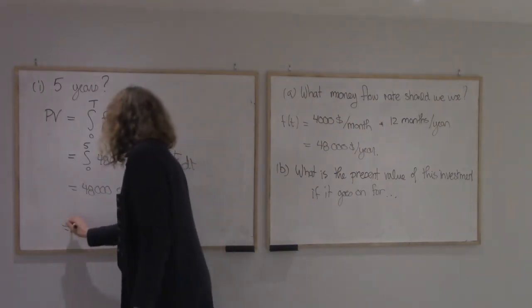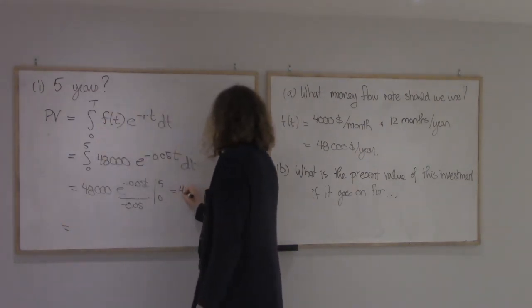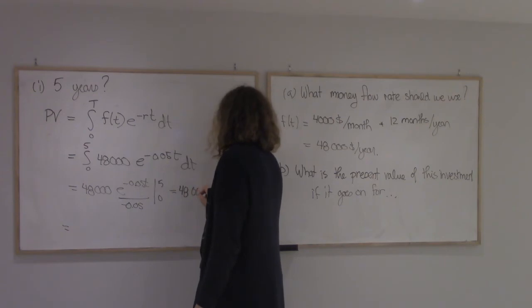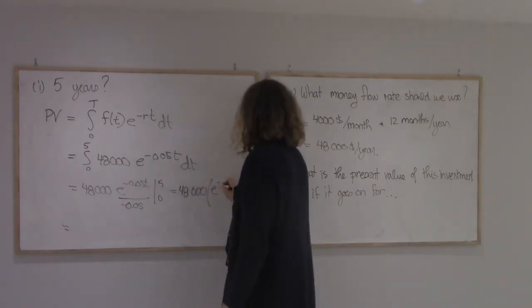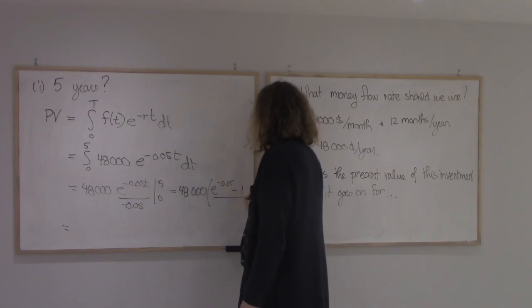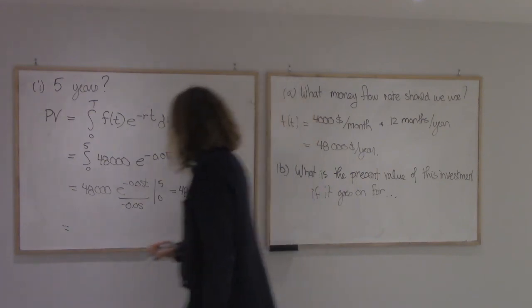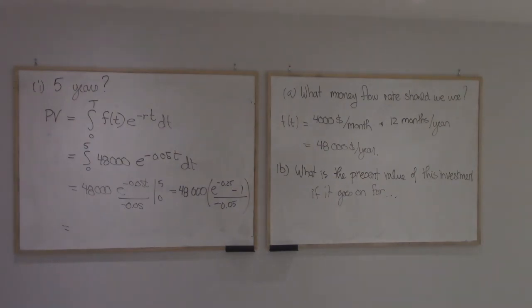So I'm getting 48,000 e to the minus 0.25 minus 1 over minus 0.05, and that should give you, I have it here, let me double check that I have the same thing.